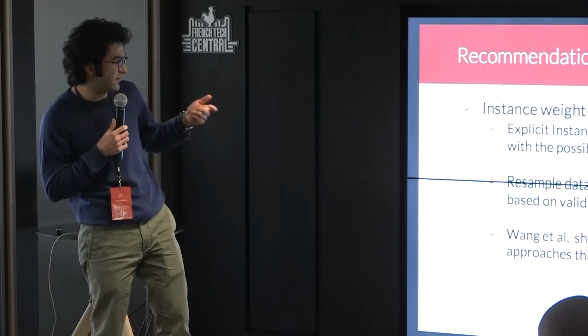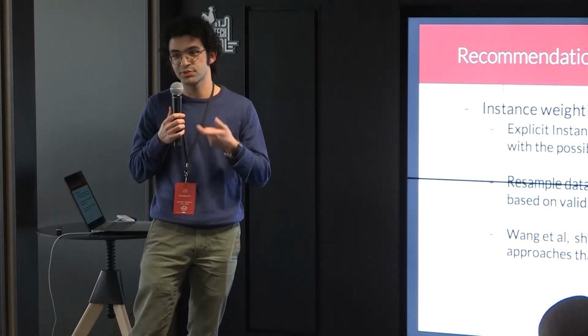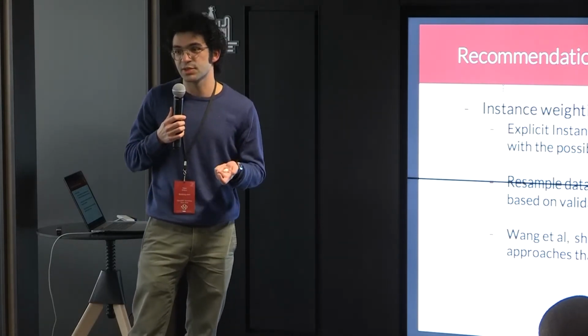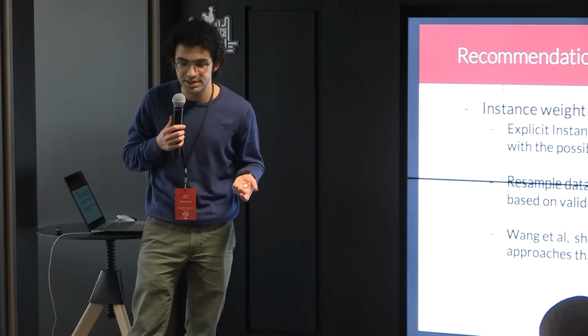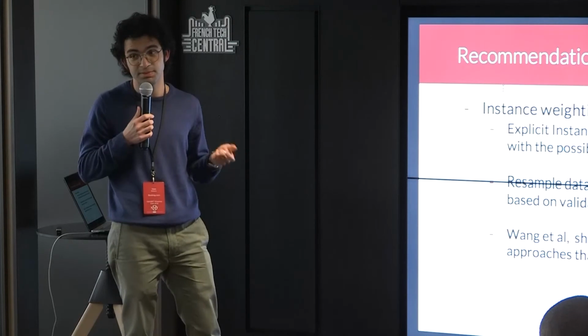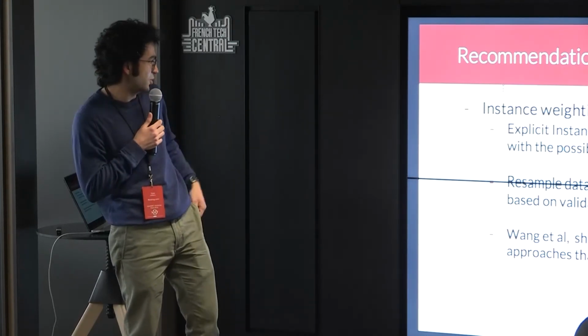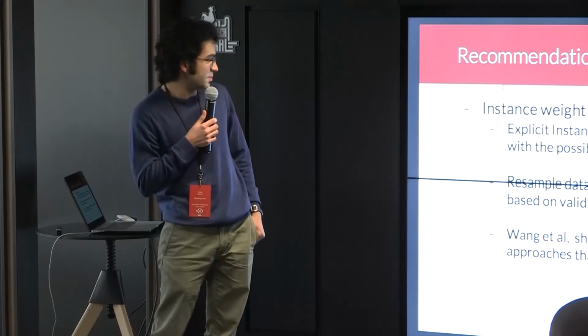But if you have instance weighting incorporated in your loss function, where you can weight in-domain data and out-of-domain data explicitly in your loss function, then we think that this could help.